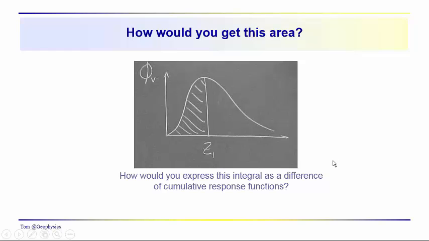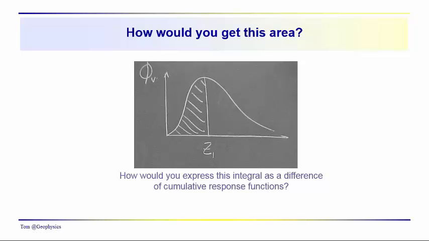So here's another question for you. We've got a little bit different looking area. We're going from the surface down to the top of the layer. What is this area? How would you express this integral as a difference of cumulative response functions? Well, we know this area is equal to R1 minus R2, right?